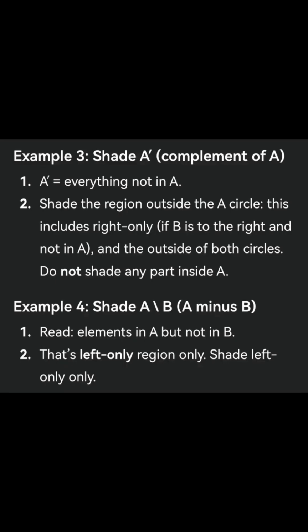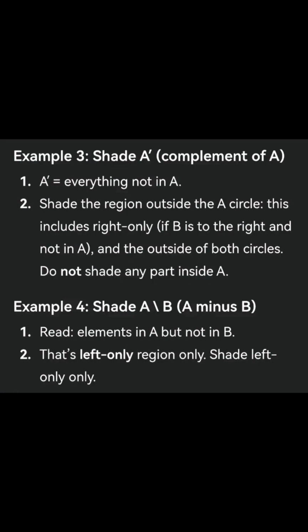A complement means everything not in A. So we are going to leave the area of A. Now, A complement includes the B only aspect and the outside of both circles. Outside the area of this particular circle A, we are shading everything. That is what it means. That's A complement. But if you are saying A only, that means you shade only the A aspect, not including the intersection. Get that right.